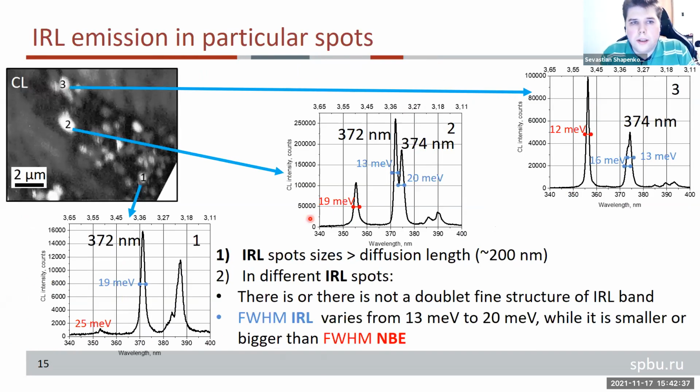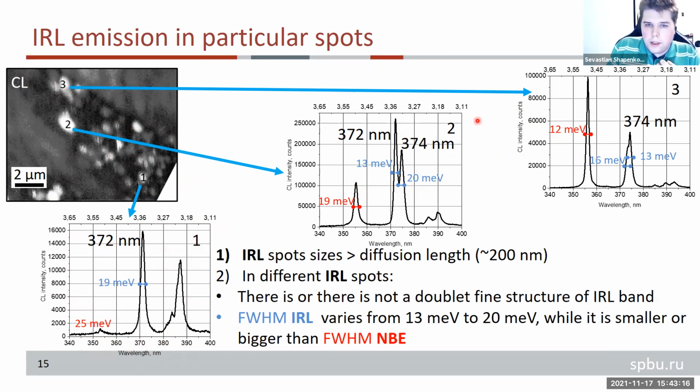On the other hand, if we look at another branch and at particular spots, we can see that these spectra also have a redshift of the middle position gradually with distance. We can see that the fine structure changes irregularly. In some spectra, we have a single narrow peak, like in spectrum number 1, and this peak is characteristic for this area.